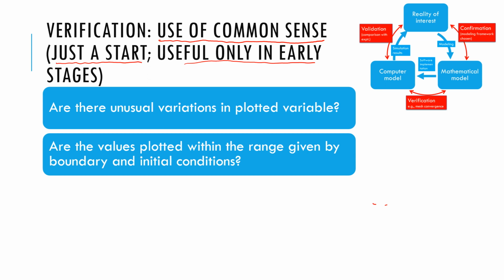So let's say I start a process at 30 degrees C, and it's just a heating process, and my boundaries are at 100 degrees. Then temperatures everywhere need to be between these two if there is no heat generation or heat taken away by some endothermic reaction.